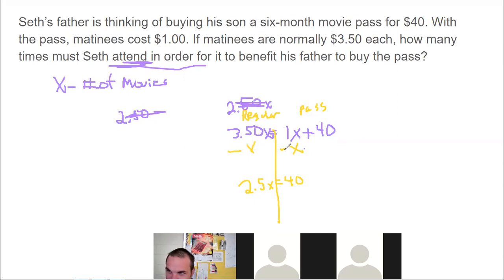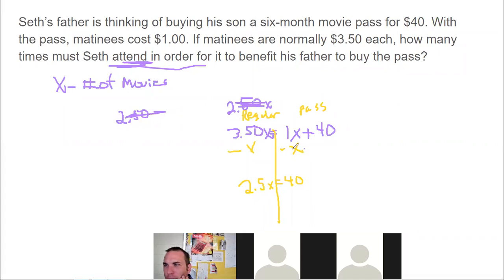Okay, so this one, I guess it didn't get to y equals mx plus b. Hey, Mason. Trying to think in my head real quick if I can get to mx plus b from this. 2.5x minus 40.